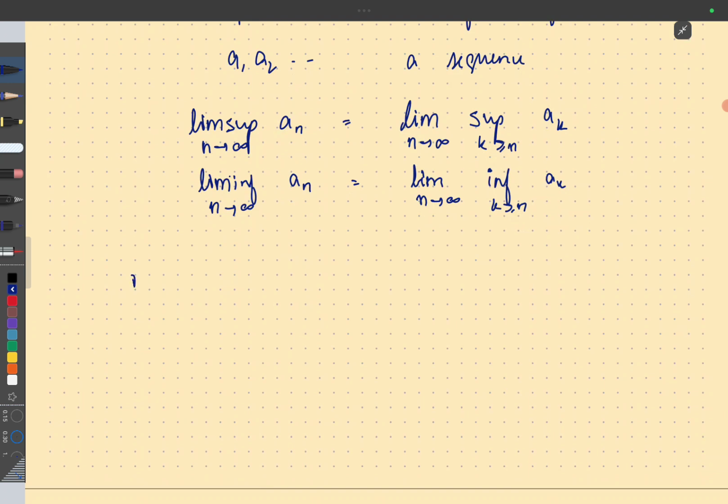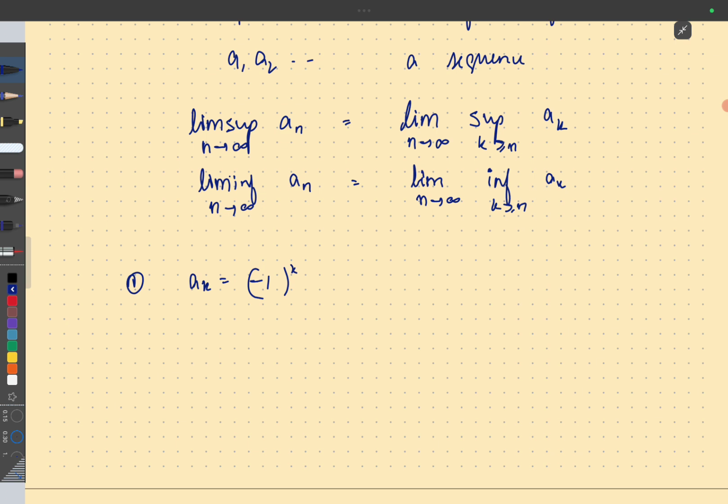Let's see the sequence, say ak is minus 1 to the power k. Does this sequence have a limit? It doesn't, right? But let's try to compute the lim sup and the lim inf.